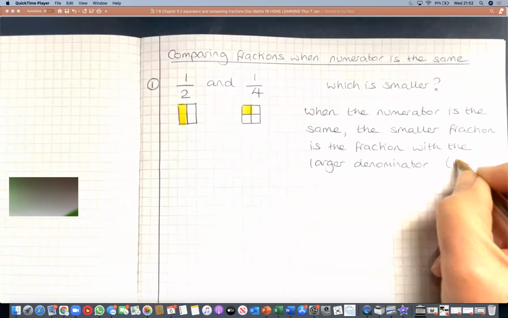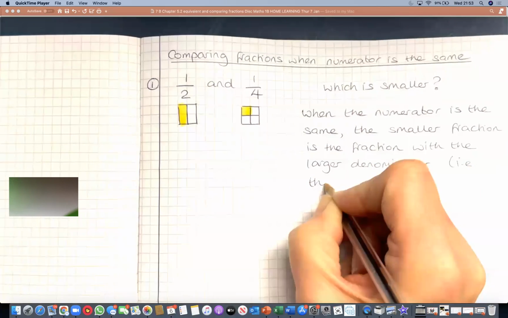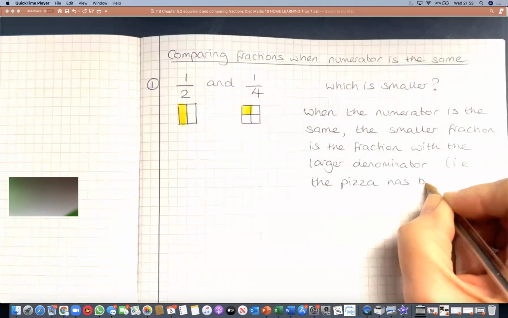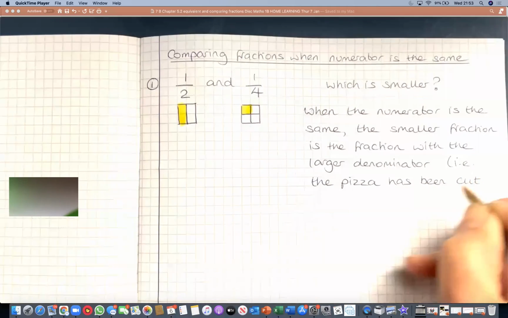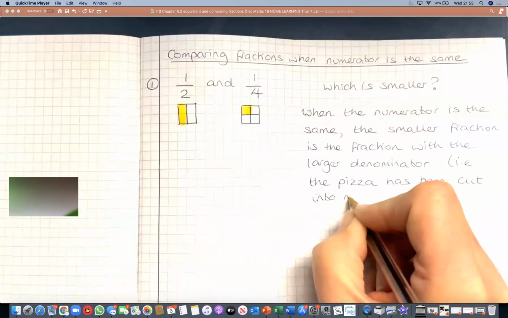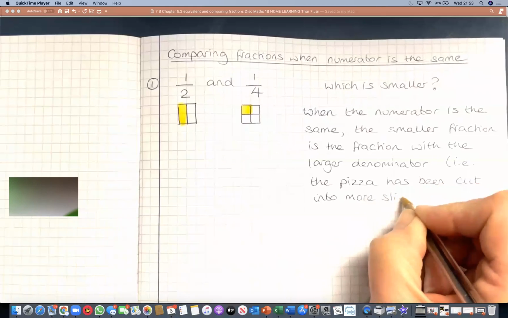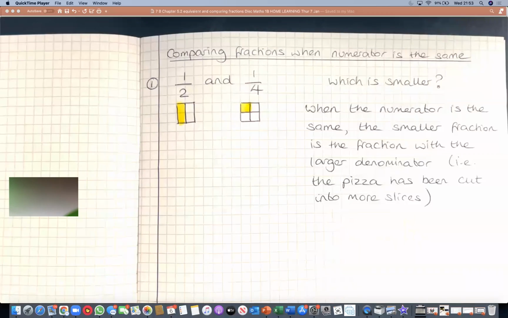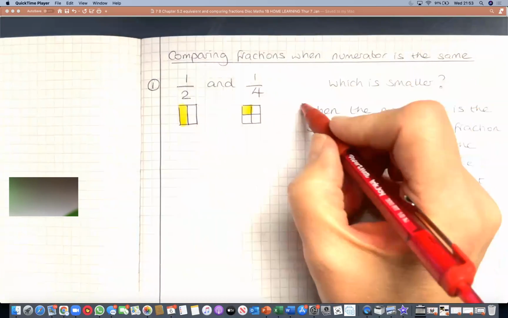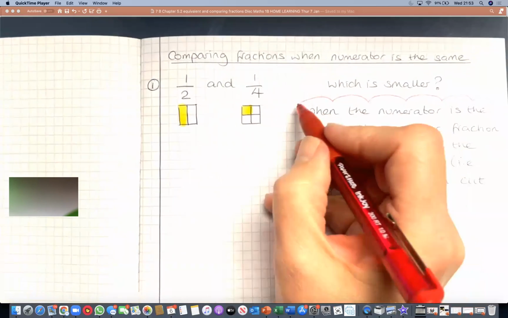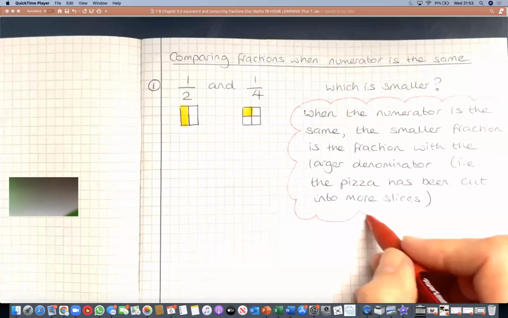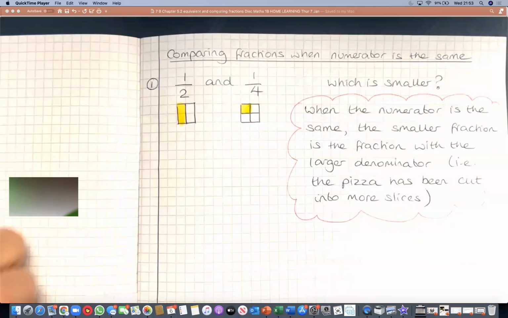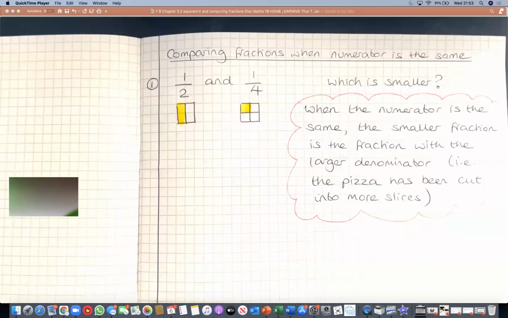That is, the pizza has been cut into more slices. If it's been cut into more slices, then each slice is going to be smaller. So I'm going to pop that in my little key point bubble as my final point of this session.